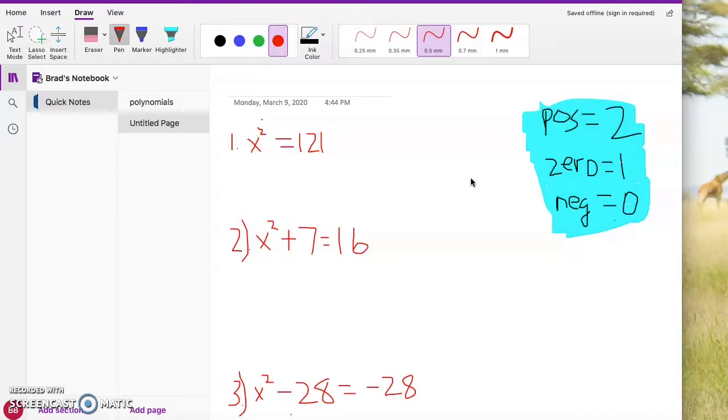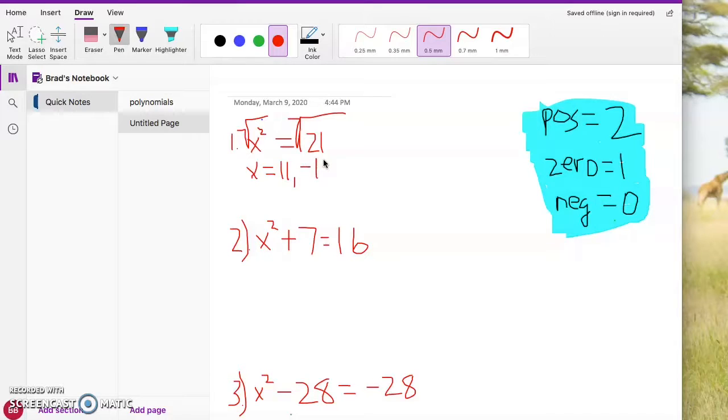We start with the first one: x squared equals 121. What we're going to do is square root both sides. Whatever we do to one side, we have to do to the other. 11 times 11 is 121, so the square root of 121 is 11, but because it's positive we also need two solutions, so we need its negative.